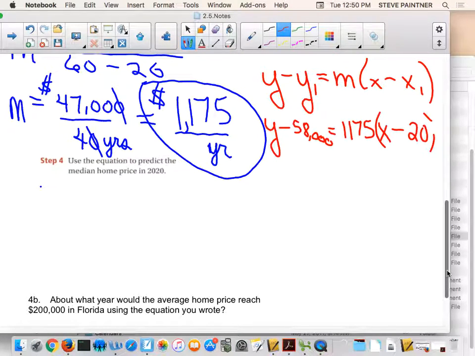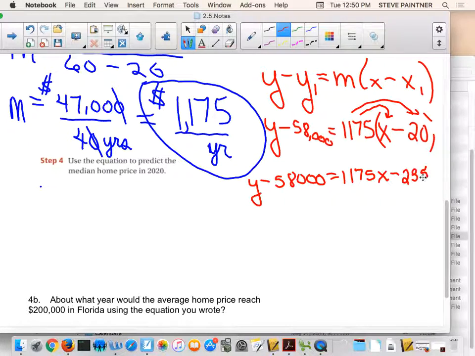If you do that, you're going to get y minus 58,000 equals 1175x. Take away, I don't know, what is that? 1175 times 20? 11,750 times 2. 23,500, negative, right?